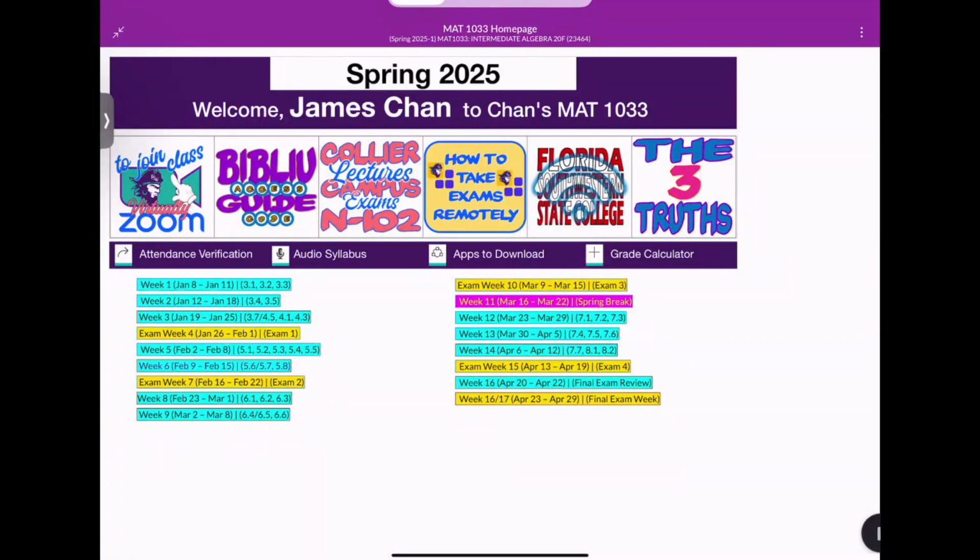Play it, see if you got it right. Pause, try to do step 2. Play it, see if I got it right. Pause, do step 3. Play it, see if I got it right. Then you can take a picture of it, give me a similar problem, and try to go through it. You can always check your answer by double distributing to see if you get the same trinomial again.